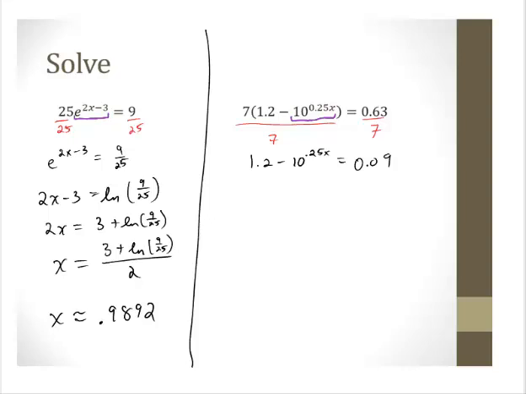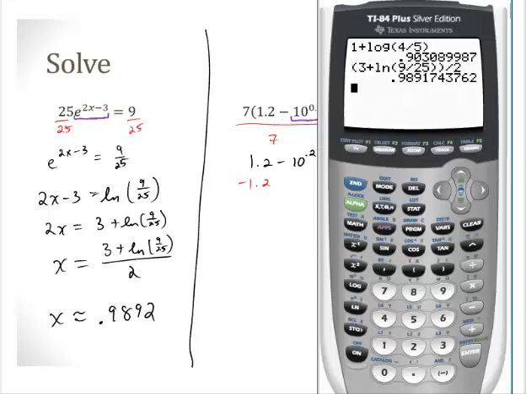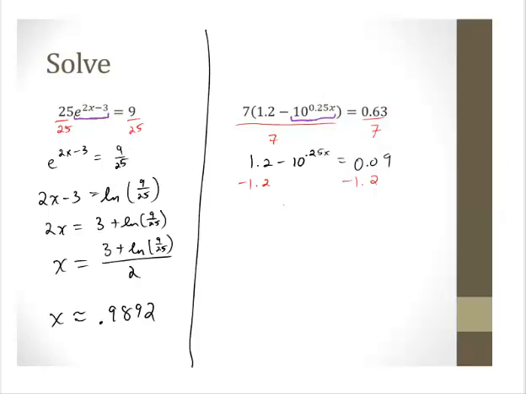I'll subtract the 1.2 from both sides. Let's see, 0.09 minus 1.2 is negative 1.11.